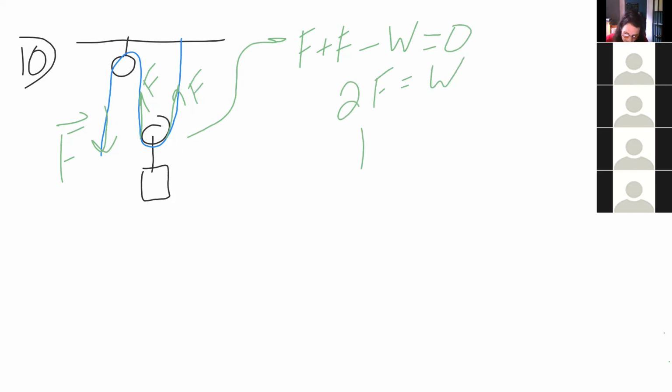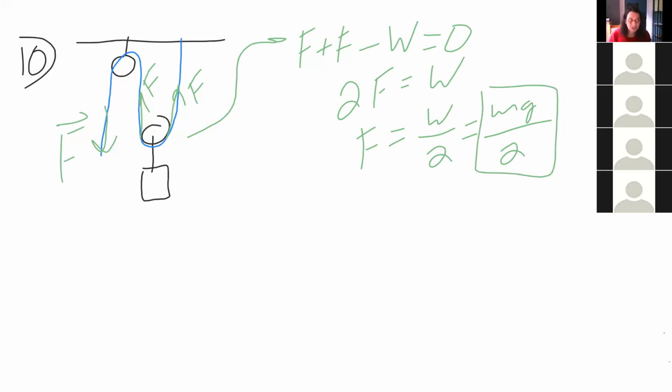Another way of putting it is that my applied force, since I'm using a free pulley, is only half of the weight, which is here mg on 2. So I have my force applied, and they asked what the magnitude of the force is to lift at the constant speed. Here you go right here, just mg on 2.